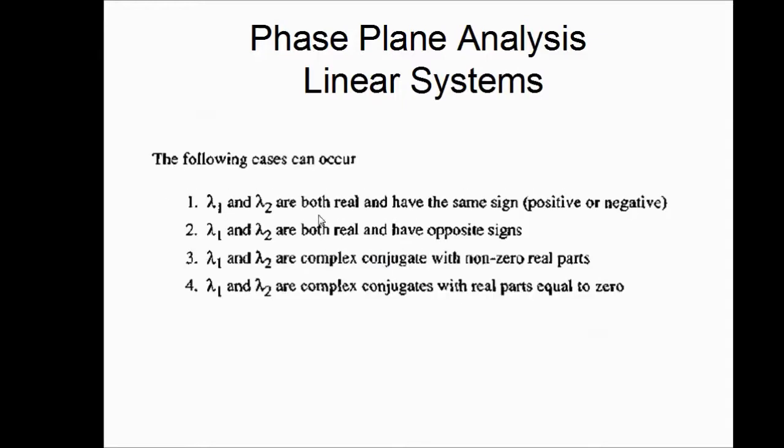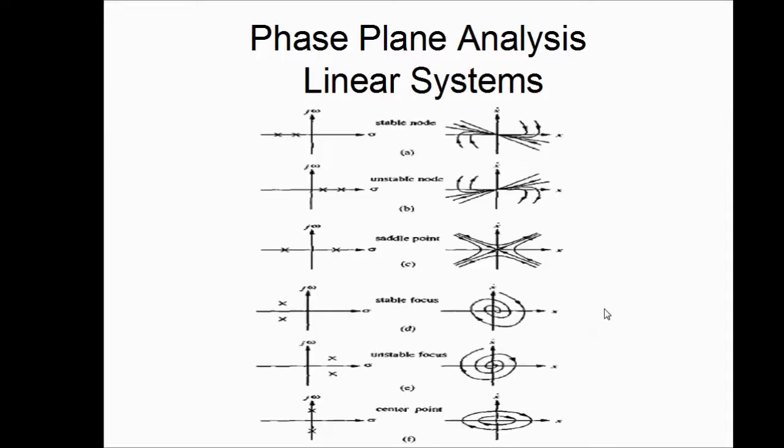The following four cases occur: when both are real and have the same sign, positive or negative; when both are real and have opposite signs; when lambda 1 and lambda 2 are complex conjugates with non-zero real parts; and when lambda 1 and lambda 2 are complex conjugates with zero real parts. So these are all the cases of the linear system.